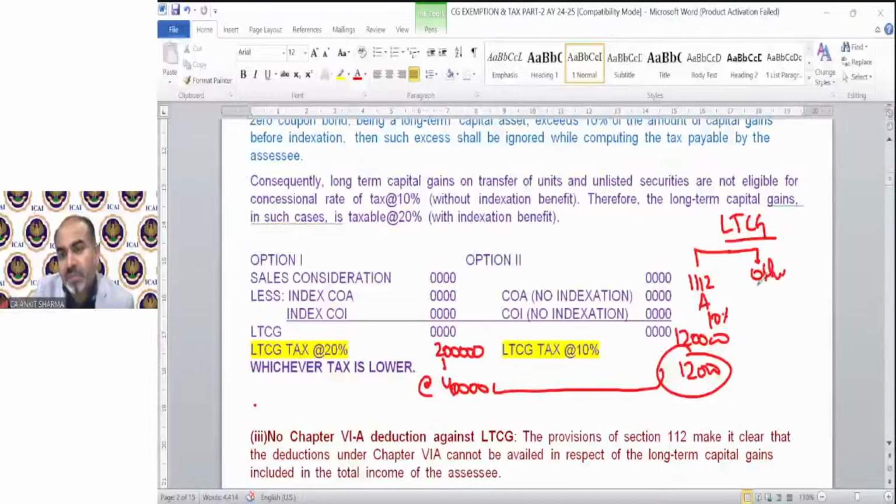Other long-term, having two kinds: listed security have the option of no indexation and tax rate 10%, whichever is lower. For other, it's always 20%.